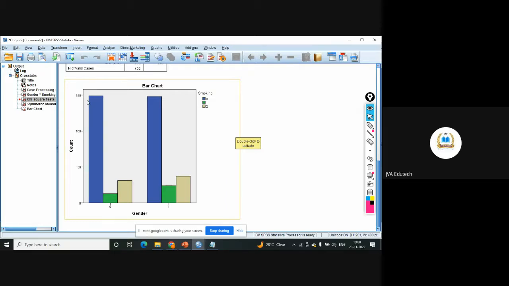The non-smokers, past smokers, current smokers are very different from each other across both the categories. Even this shows that there is no association. If there had been any association between gender and smoking status, then these bars would have been equal for both, but you can see they are very different. So there is no association.